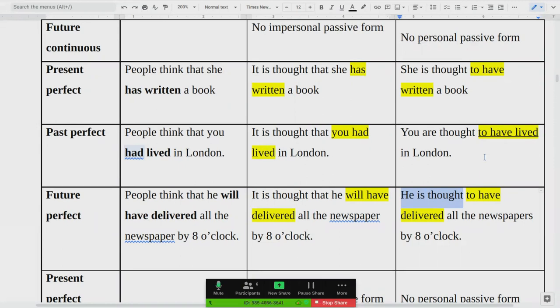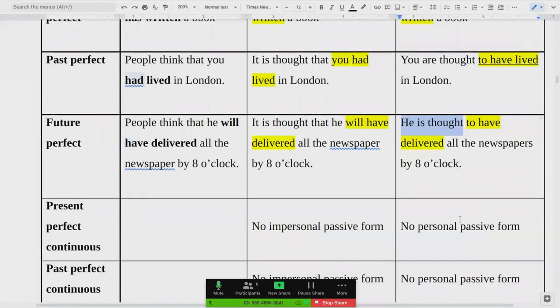За тэгэхээр энгийн төгс цаг, өнгөрсөн төгс цаг, ирээдүйд төгс цаг personal passive үүсгэхдээ дандаа to have аваад үйл үг хувирна. Will-ийг хасна, had-ыг хасна, has-ыг to have болгож байна. За энэ бол төгс цагуудаар personal үүсгэхдээ.